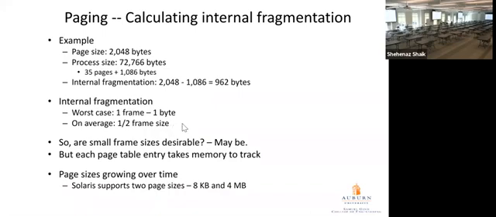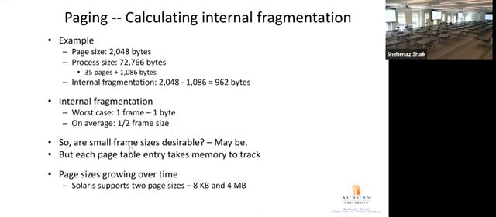Okay, so from this we can say that if we have smaller frame sizes, then the amount of memory that is lost to internal fragmentation can be reduced. But considering that if we have smaller frame sizes, the overall page table size may be large, considering there is one entry that needs to be stored in the page table per page-frame combination.